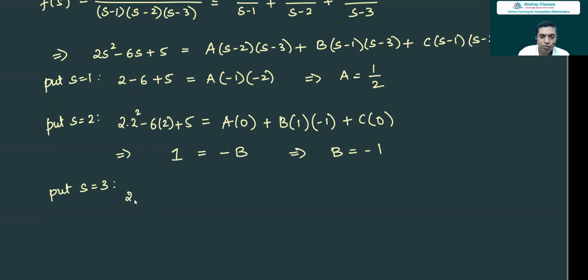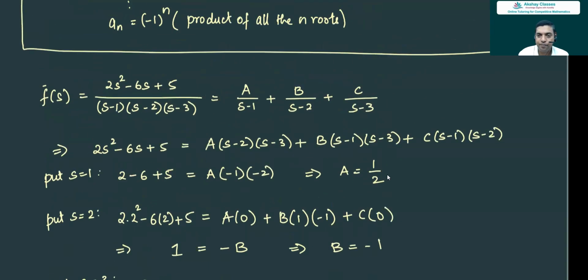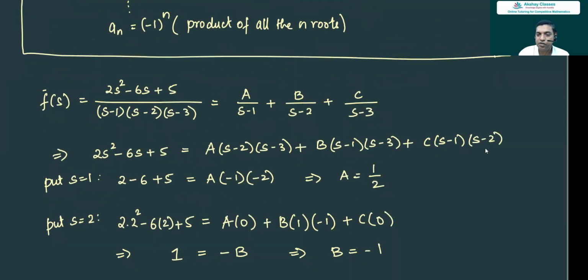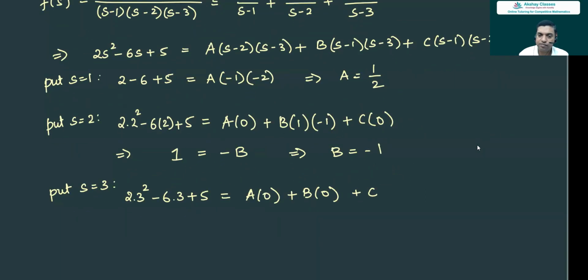Now put s equal to 3. So we get 2 into 3 square minus 6 into 3 plus 5. Substituting s equal to 3, a factor will be 0, b factor product will be 0, plus c into 3 minus 1 is 2 and 3 minus 2 is 1. So 2 into 1.